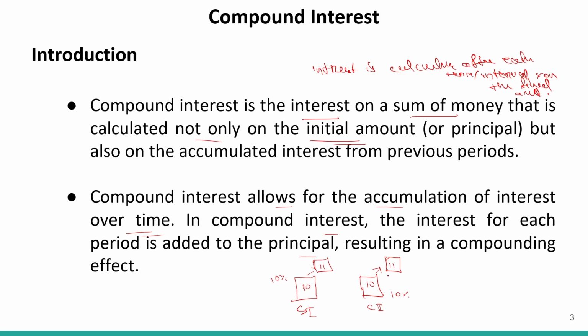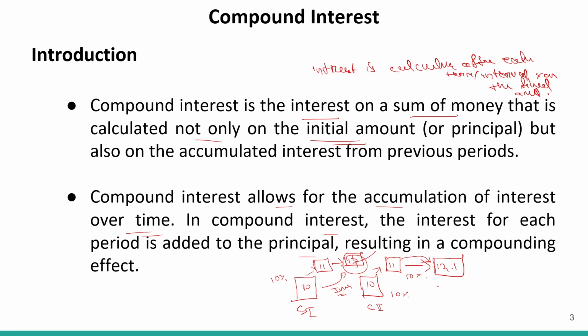But the thing that makes compound interest different from simple interest comes from the second year. After the second year, the interest will be 10% on 11. In the simple interest case it will become 12, but in compound interest the interest comes from this new amount, so for 11 it will be 12.1.